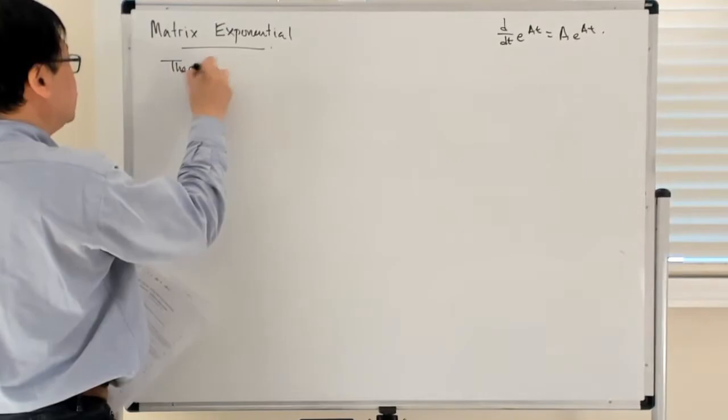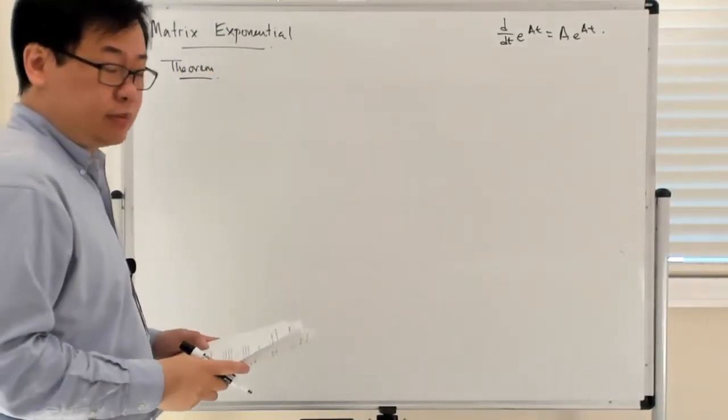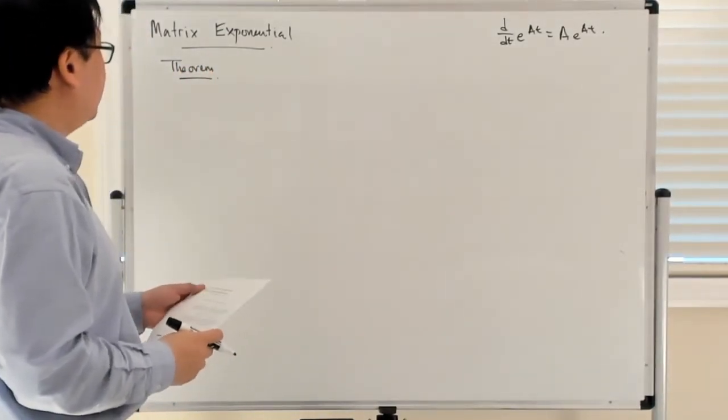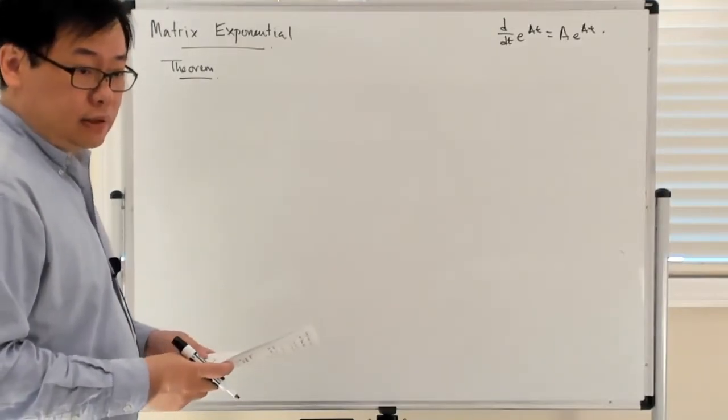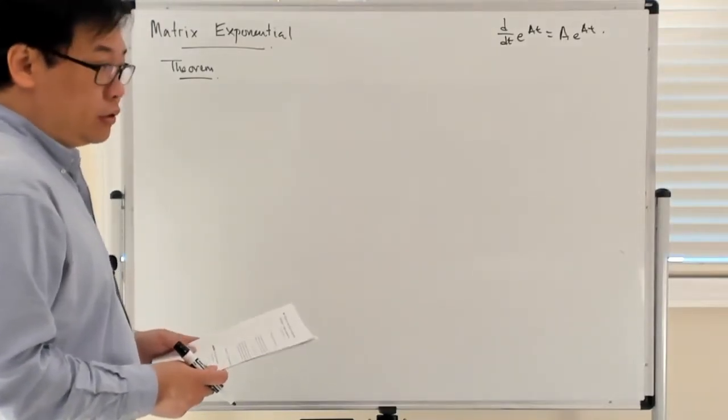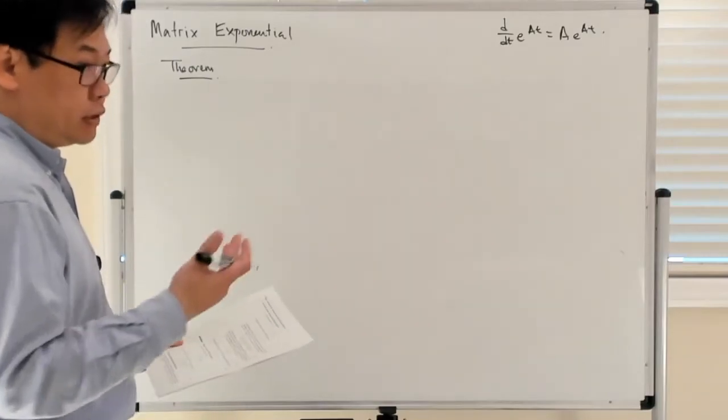And the reason why we are studying matrix exponentials is because you can express the solution of a system of linear ordinary differential equations in terms of the matrix exponential.